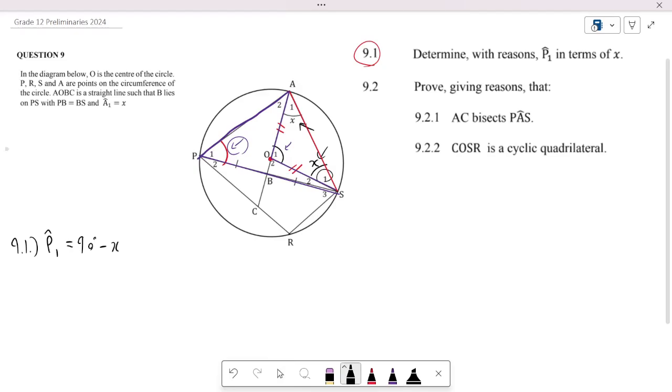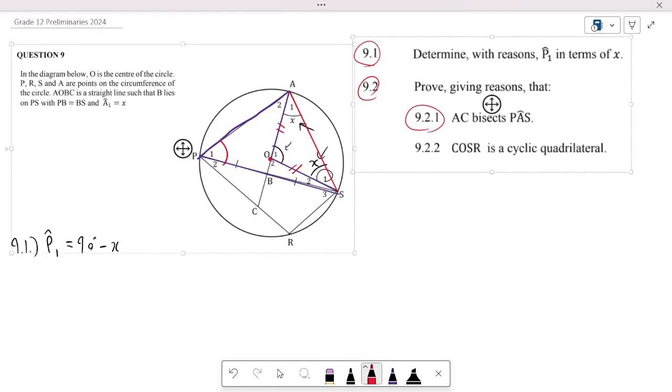Okay, so 9.2, here's our proving questions, right? We have: prove, giving reasons, that 9.2.1 AC bisects PAS. So let me get rid of some of this information. We know now that our angle P1 is going to be 90 degrees minus x, right? So let's look at this closely.